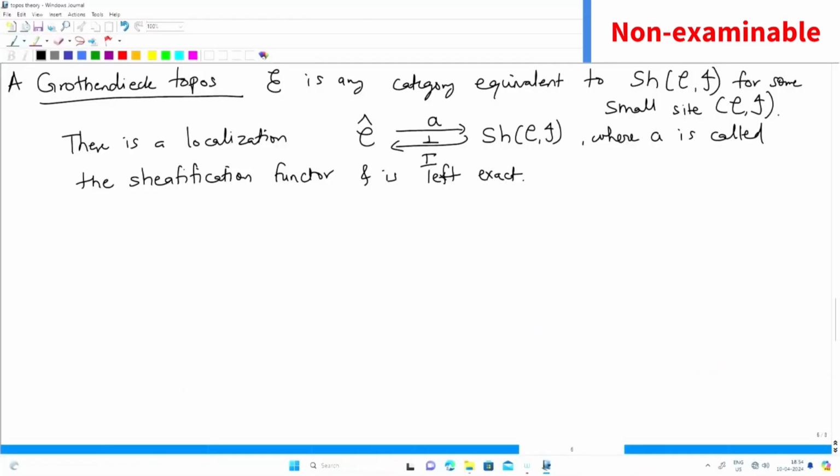Okay. And finally, an analog of the Gabriel-Popescu theorem, and that is the Giraud theorem. Giraud was a student of Grothendieck. So this theorem is an analog of Gabriel-Popescu.